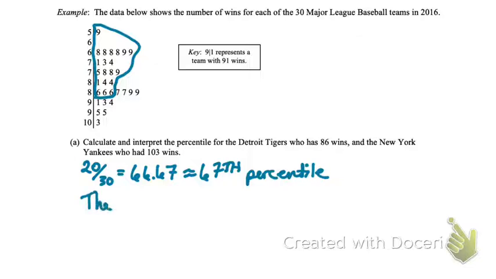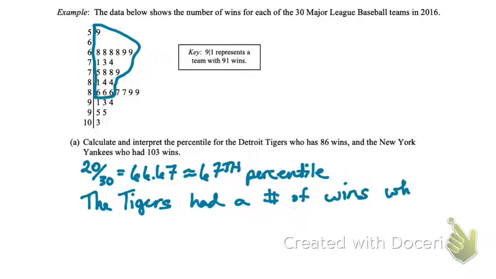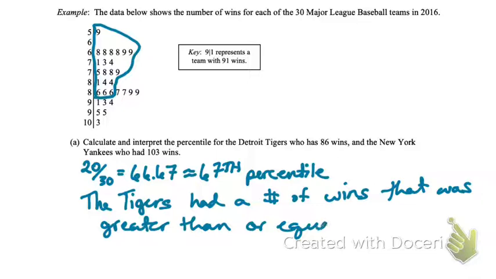Okay, so the Tigers had a number of wins that was greater than or equal to 67% of teams.